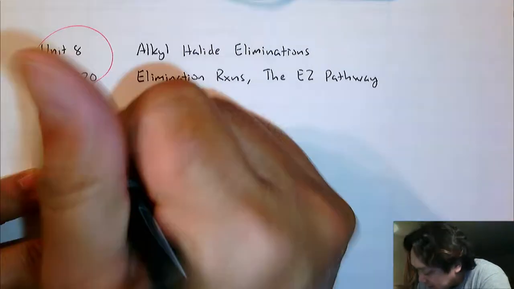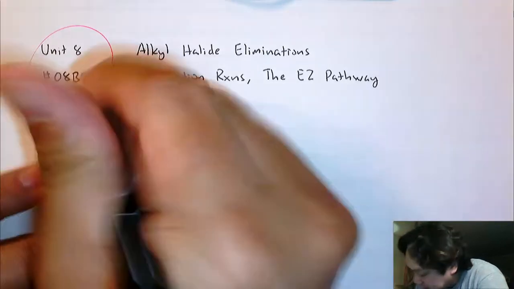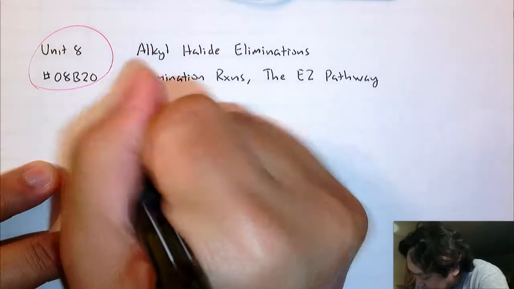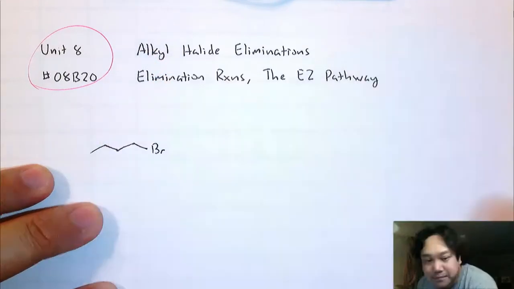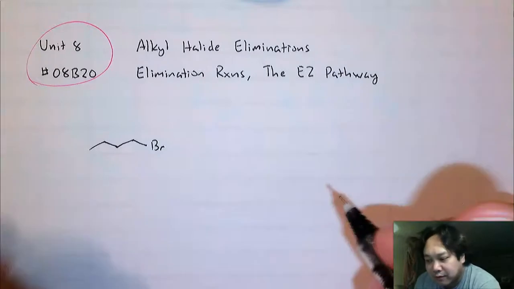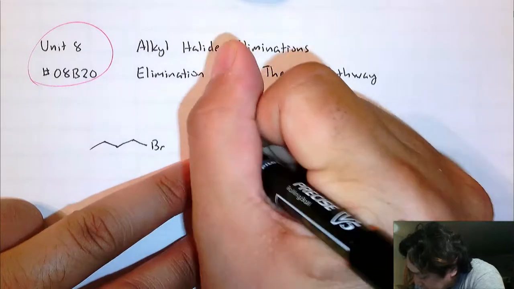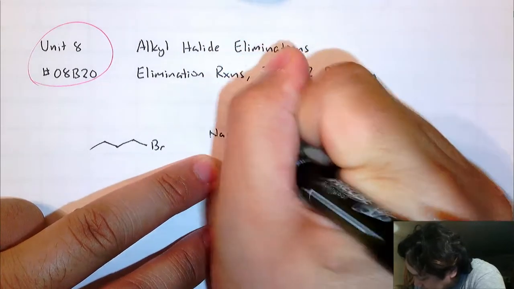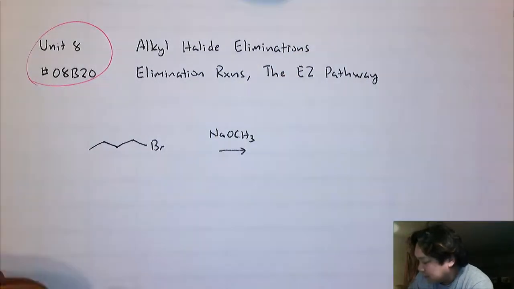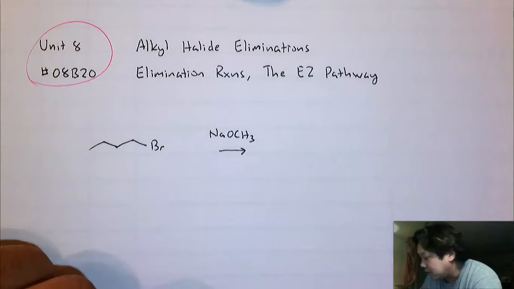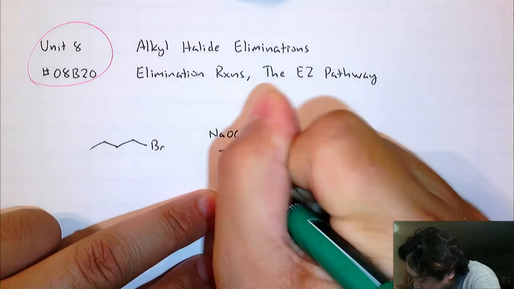And let us start out with this alkyl halide. Okay. Those of you who are very good at substitution, if I gave you this reagent, if your mind is on substitution, you'll visualize this OCH3 anion.